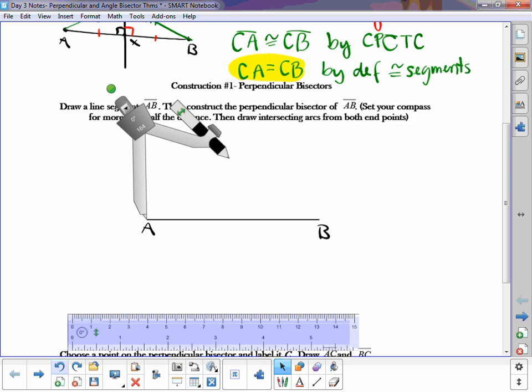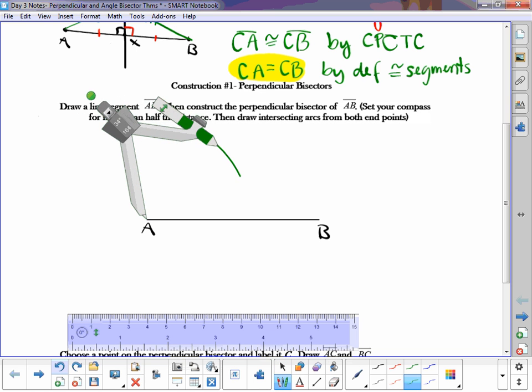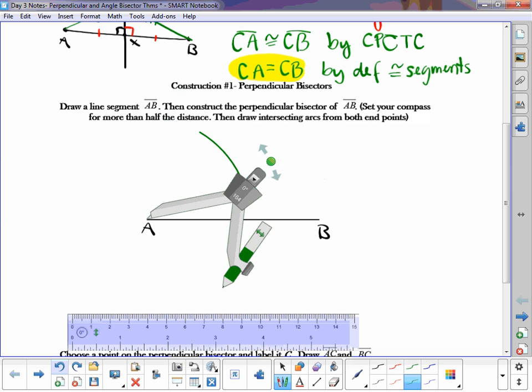So is it going to work for me? Above and below.